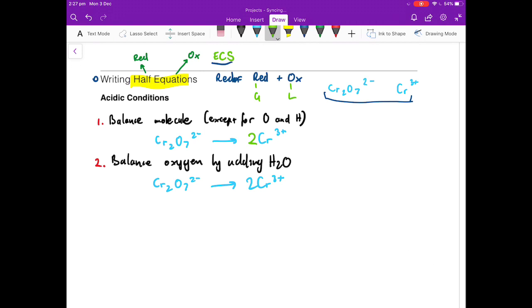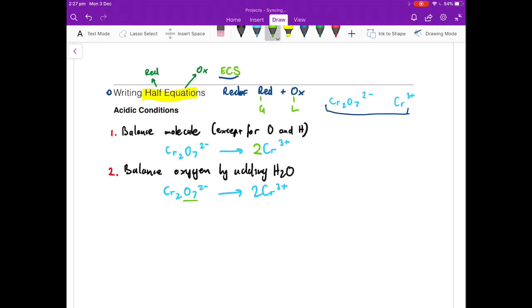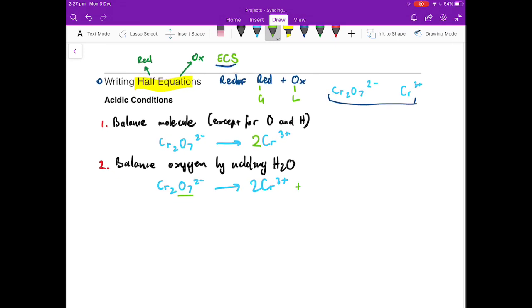However, we do have our oxygens left over. So now we need to balance our oxygens. As you can see on the left-hand side, there are 7 oxygens. So the way we balance this out is by adding 7H2O to the right-hand side. And as you can see, by doing that, we've balanced out our 7 oxygens.